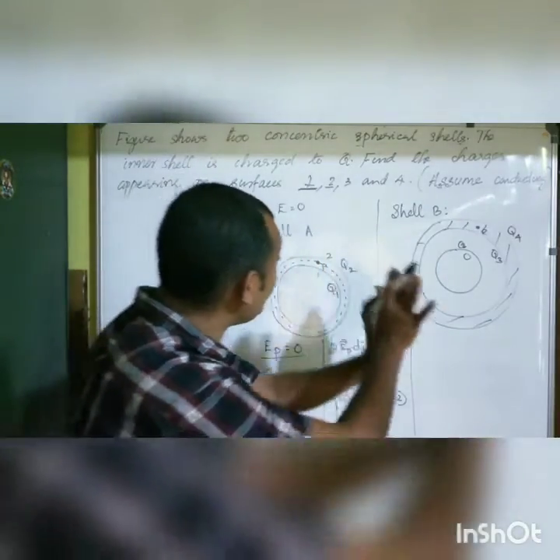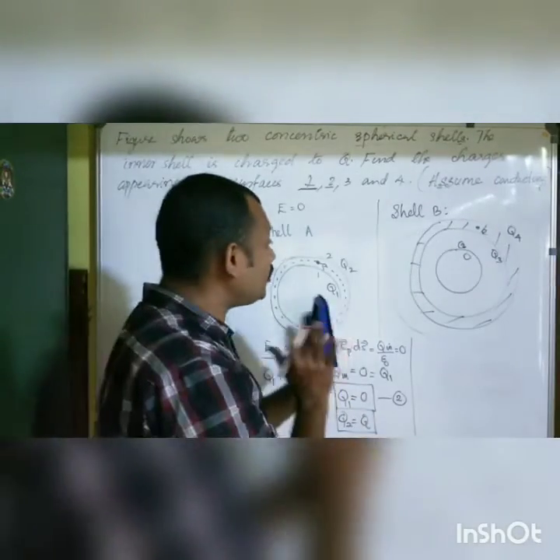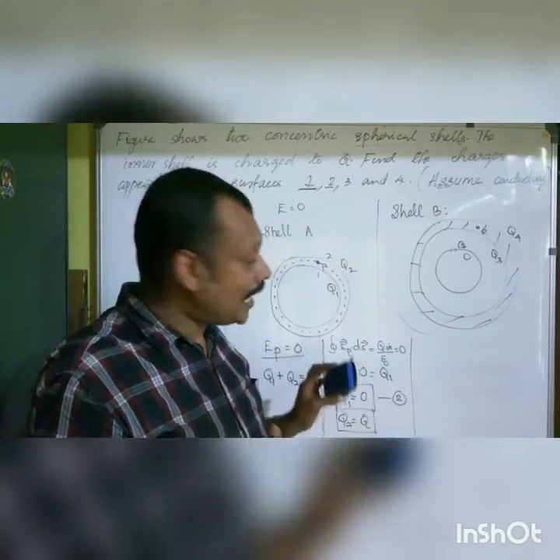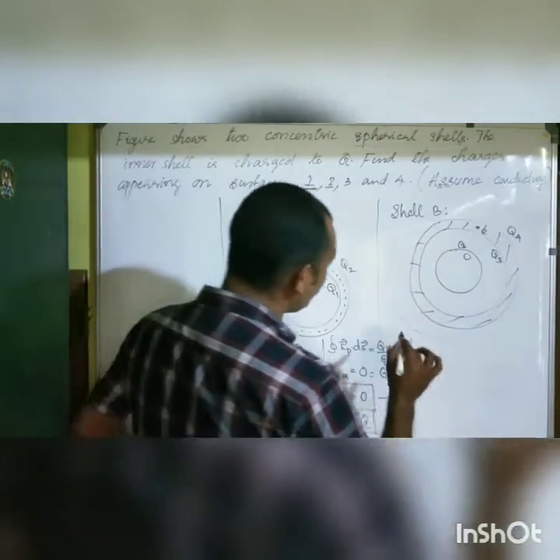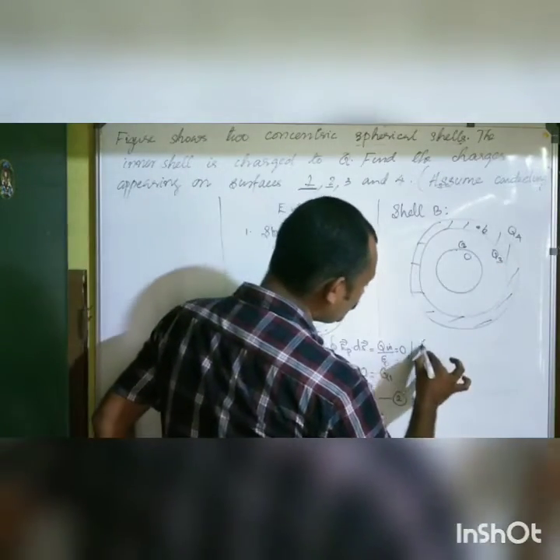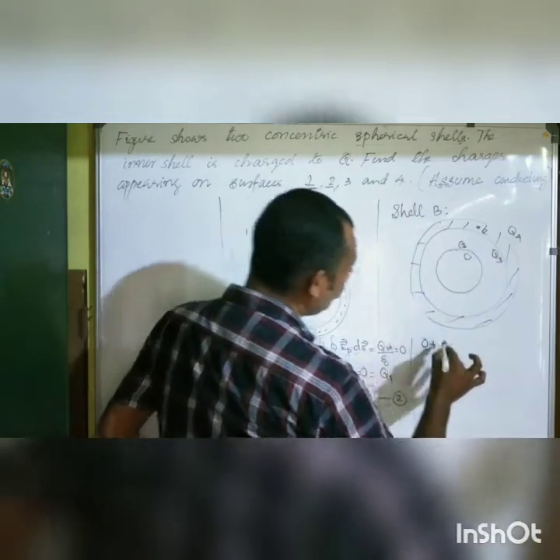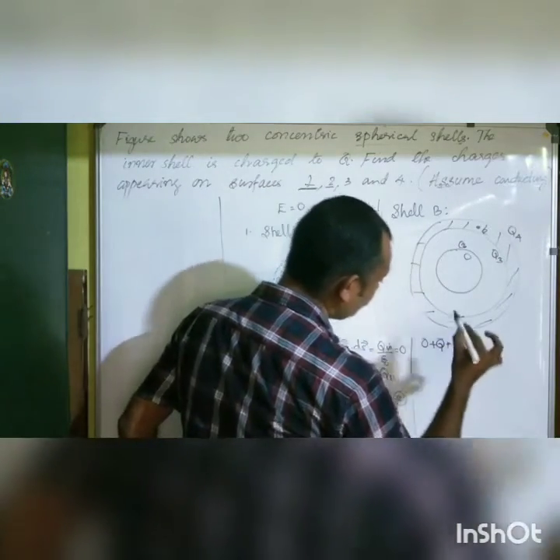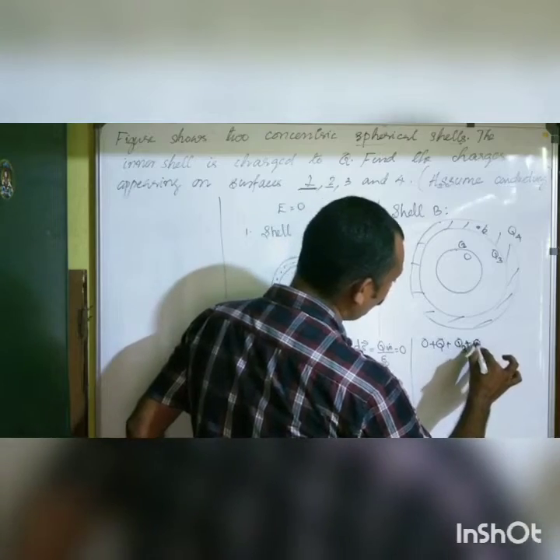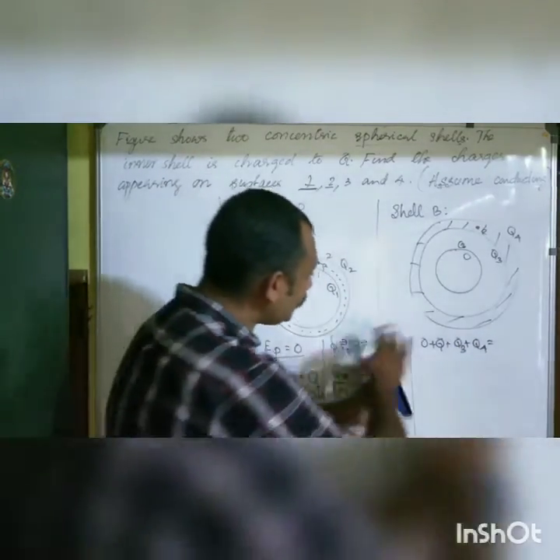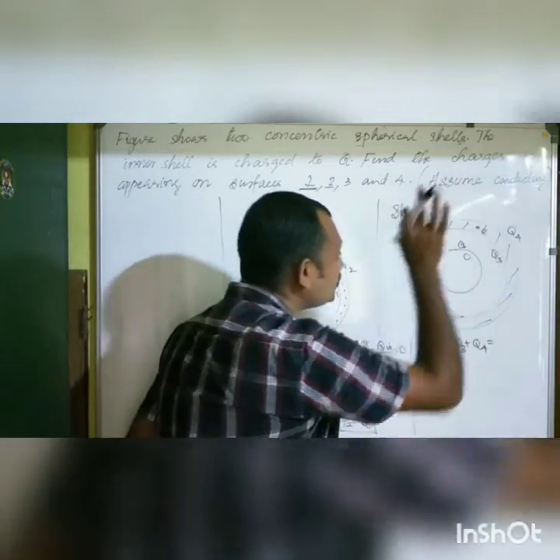Again it's an isolated system, and what do you know about an isolated system? Total charge is equal to a constant. So using the conservation of charge, the first point I'm going to write is 0 plus Q plus Q3 plus Q4 is equal to the total charge on each surface of the spherical shells.